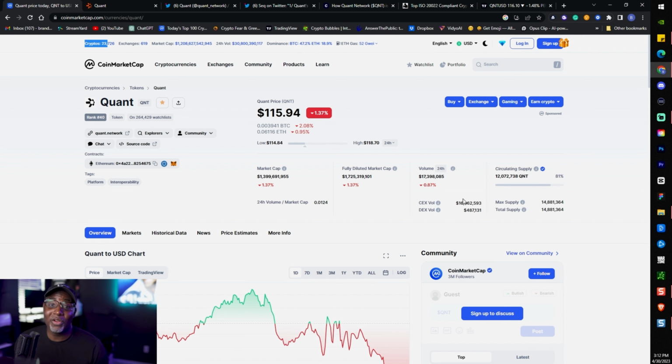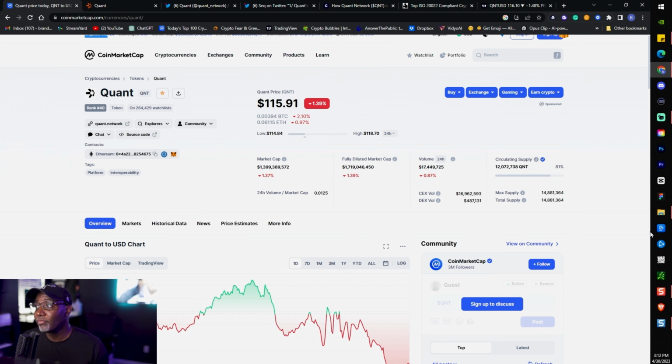Now, will Quant have a run like Bitcoin? I don't know. But if they continue to build, get more of that venture capitalist money, more of that institutional money, with that type of supply and their utilitarian value and what they offer as far as utility, anything is possible. Now, keep that in mind.